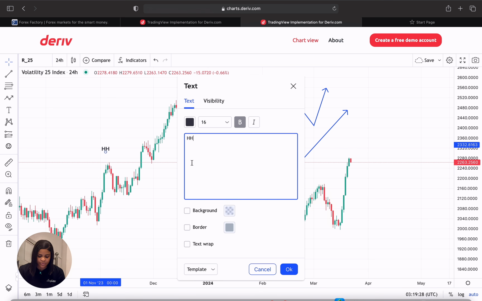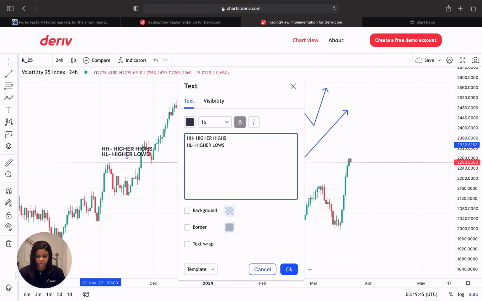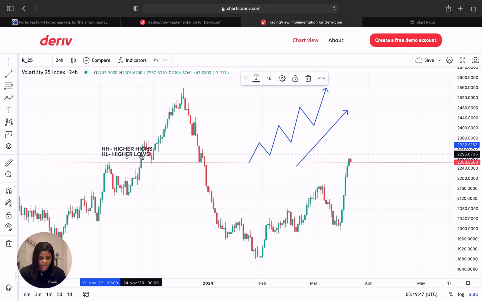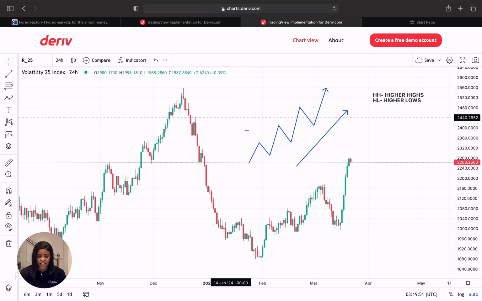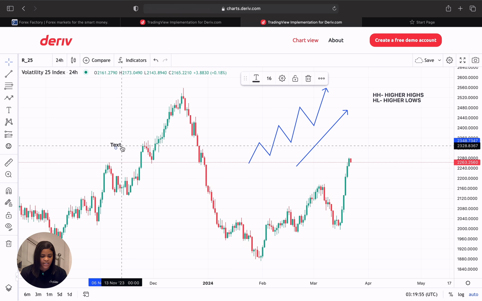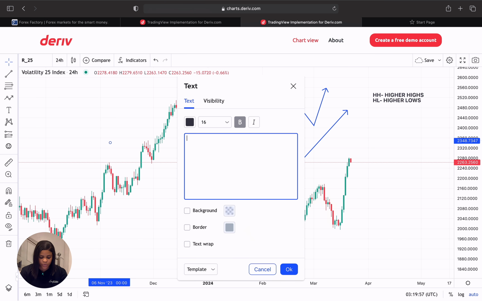HH means higher high. Then HL means higher low. Now, where is the higher high and where is the higher low?